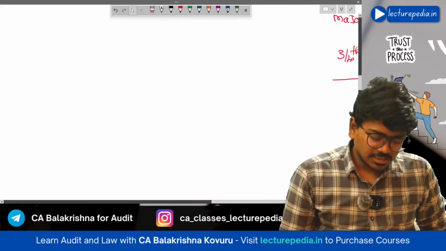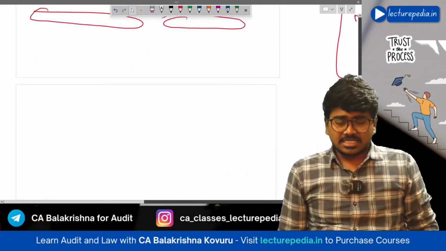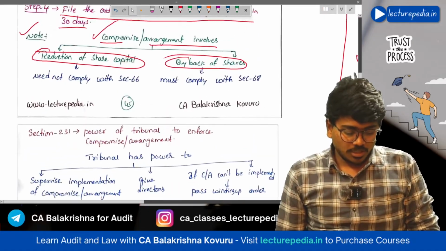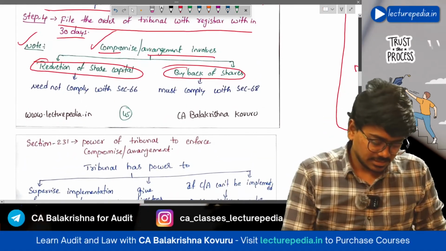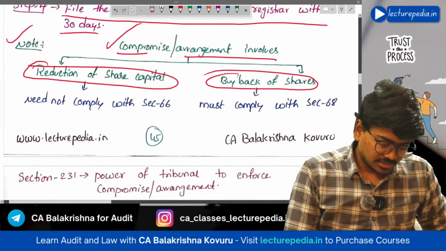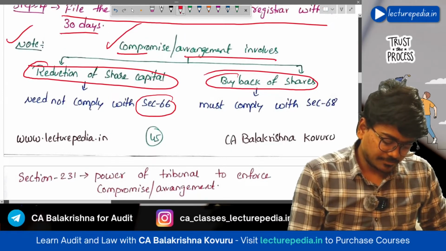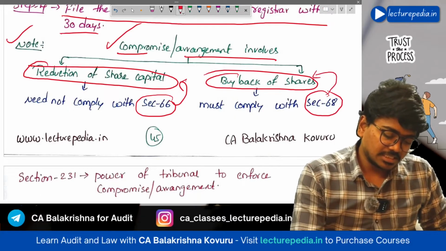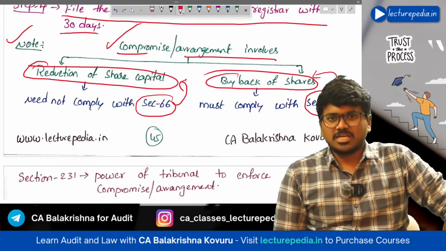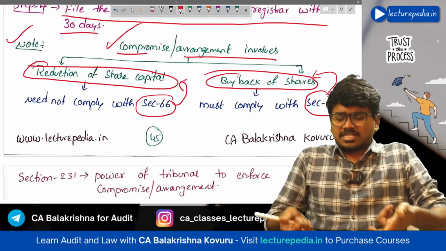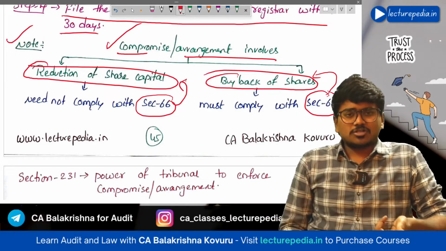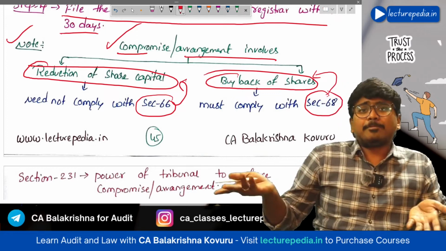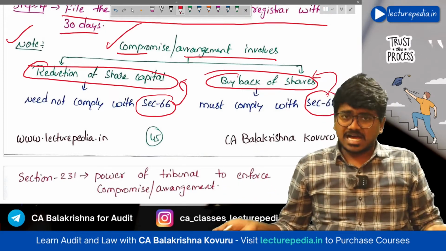Now, if you see, there are two different sections for these two options. You have already learned them at your CA Inter level. Basically, section number 66 deals with reduction of shares. Section number 68 deals with buyback of shares. If you see, this reduction of share capital, buyback of shares is also one type of arrangement that the company is entering with the members, right? This is an arrangement.